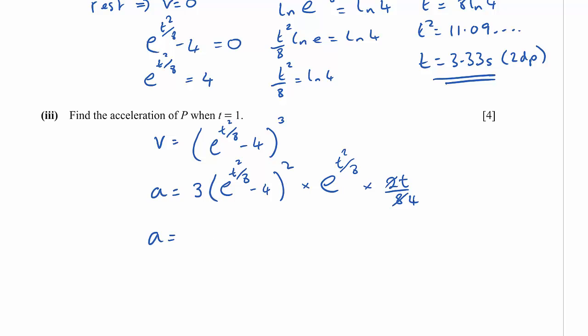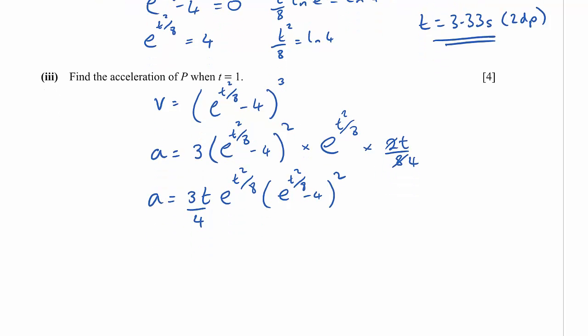So obviously we can cancel that down to a 4 on the bottom there. So we're going to have 3t over 4 e to the t squared over 8, e to the t squared over 8 take away 4 squared. And we want that when t is 1.